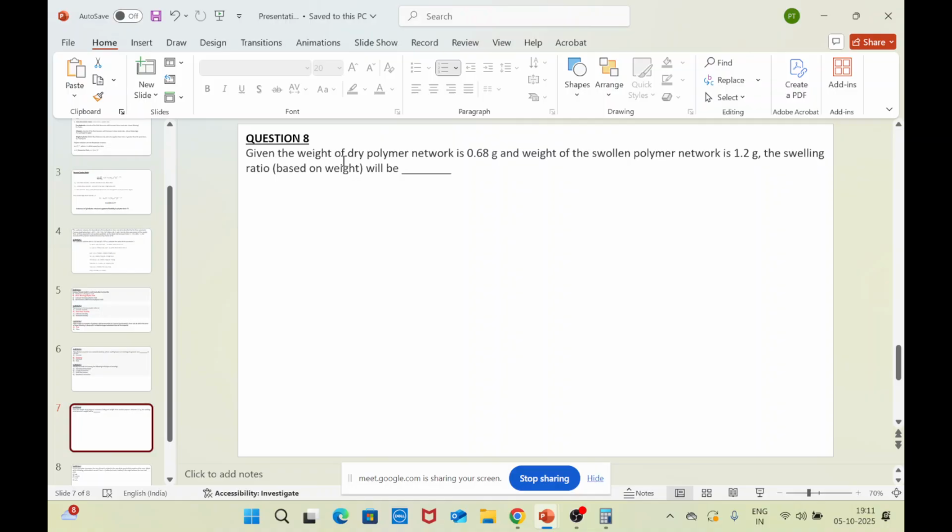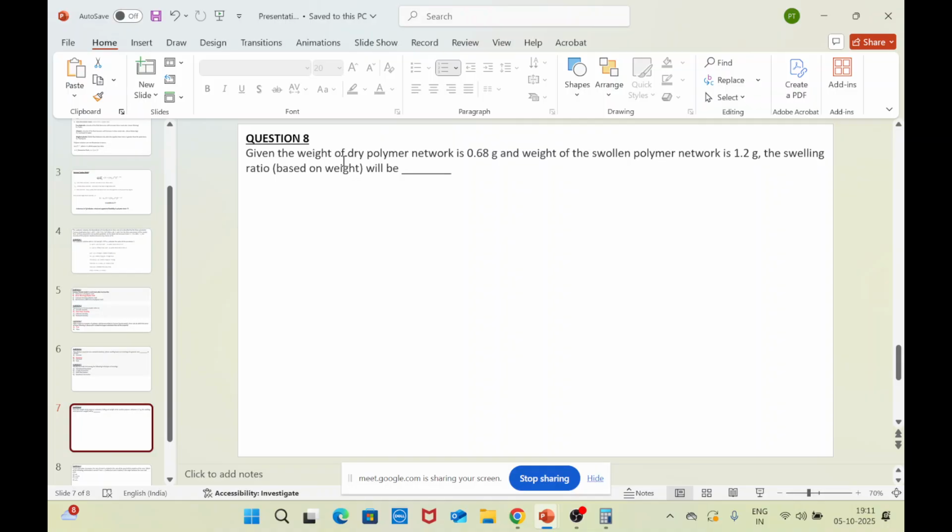Swelling ratio. What we are asking is how much weight of the solvent is inside the swollen polymer network.